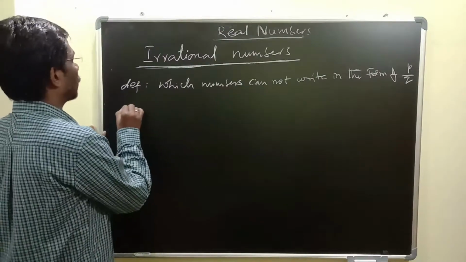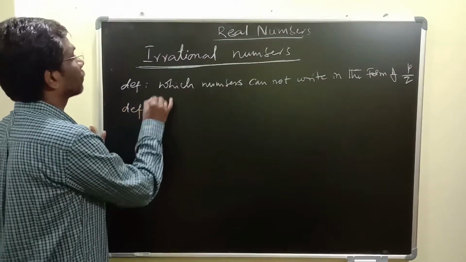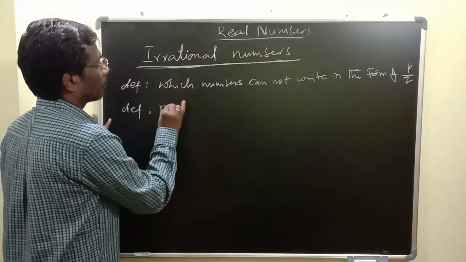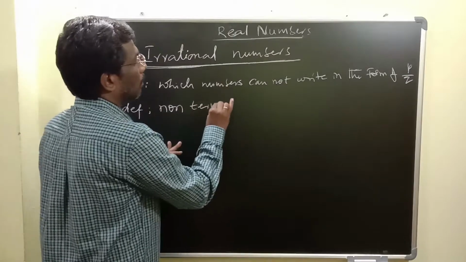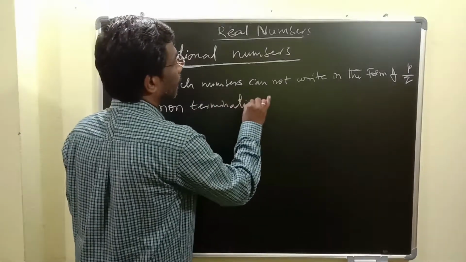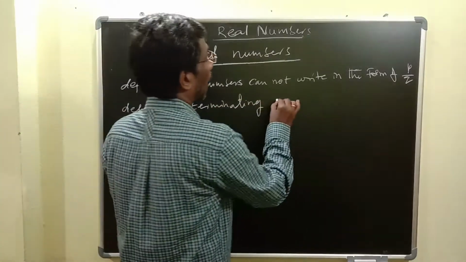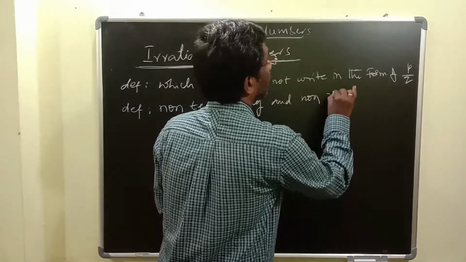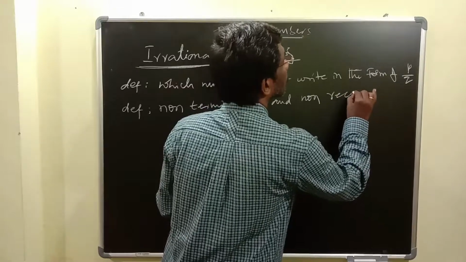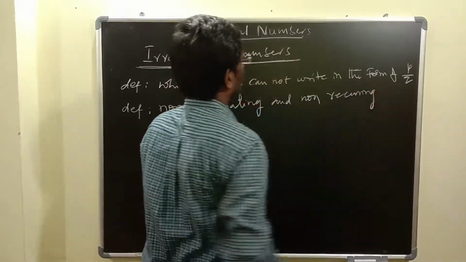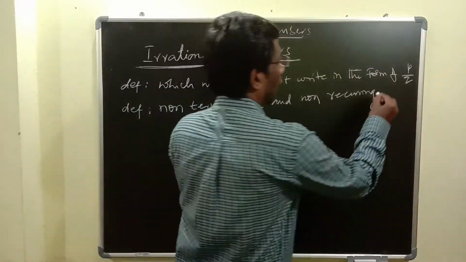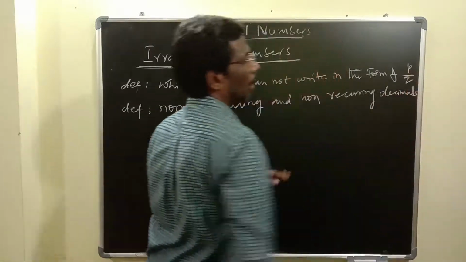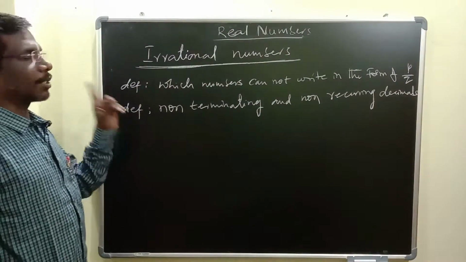And one more definition we can say: non-terminating and non-recurring decimals are called irrational numbers.